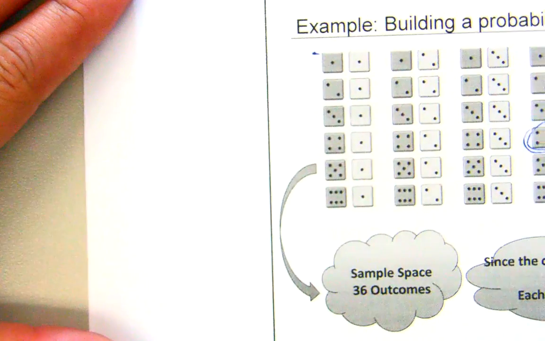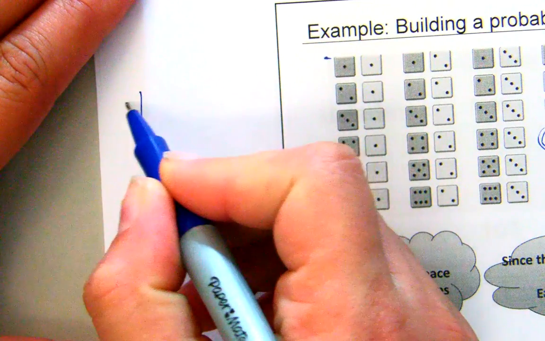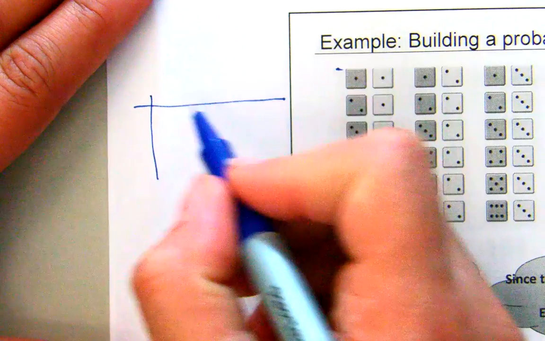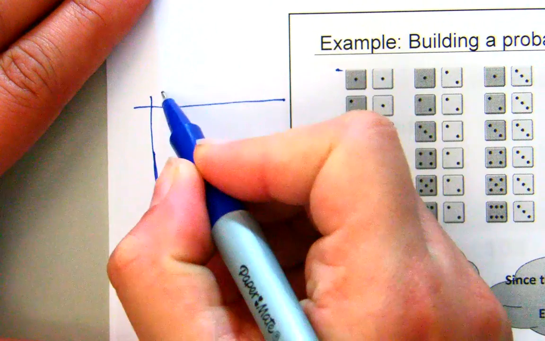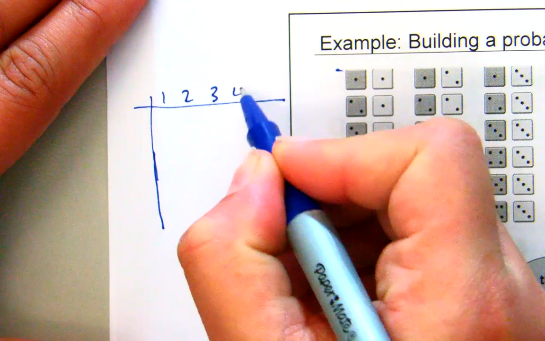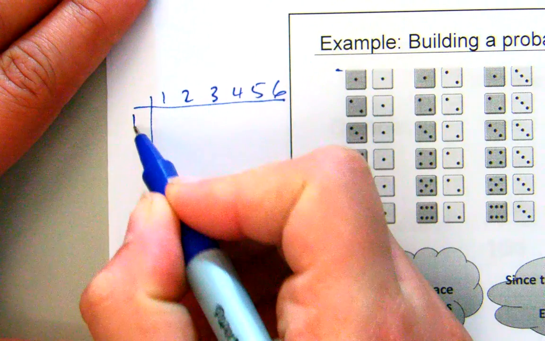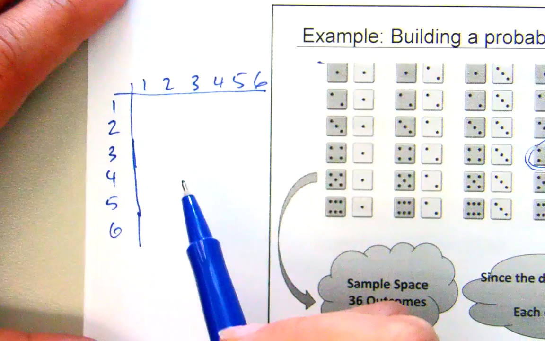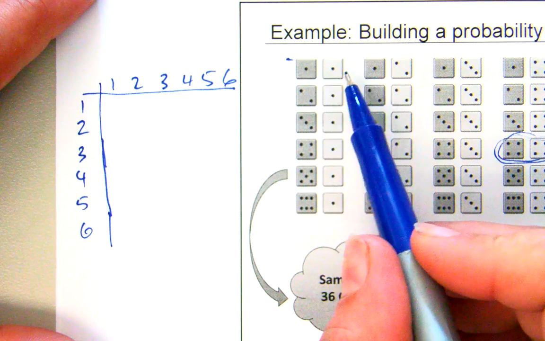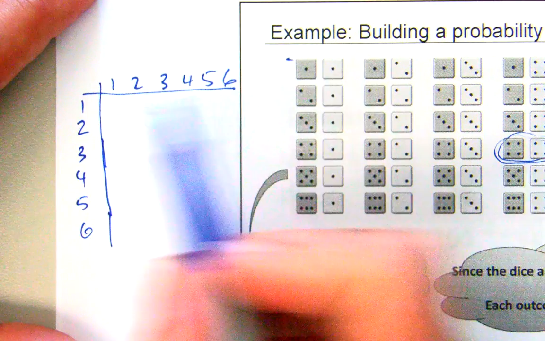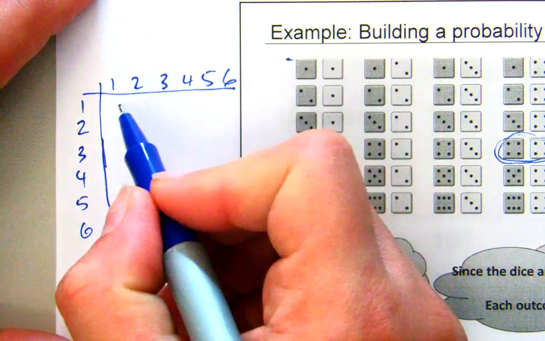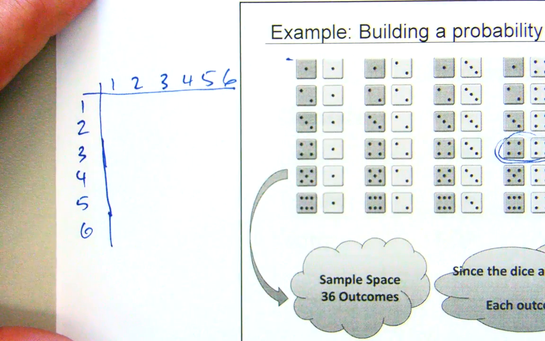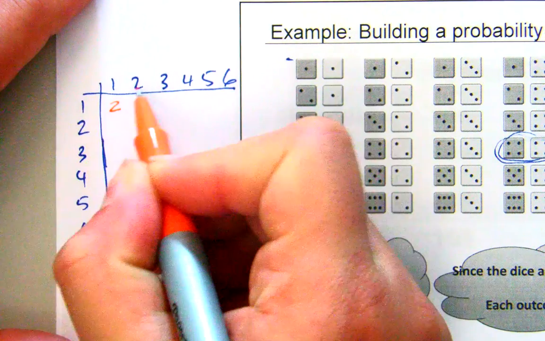Let me work over here on the side. You have 1, 2, 3, 4, 5, 6 across the top and 1, 2, 3, 4, 5, 6 down the side. We're looking at the sum. The sum of 1 and 1 is 2. The sum of 1 and 2 is 3.